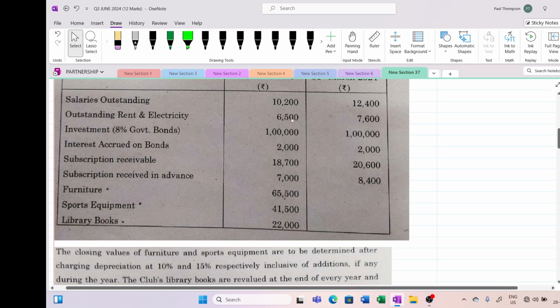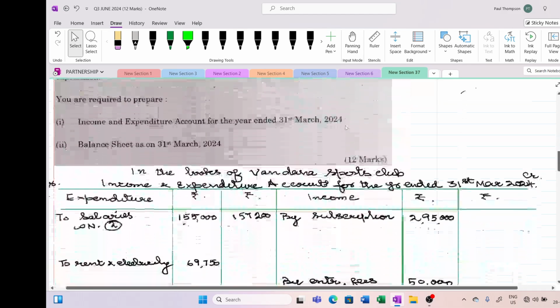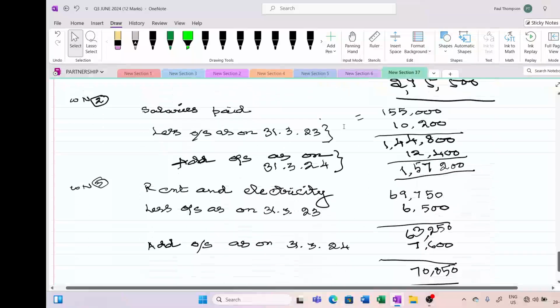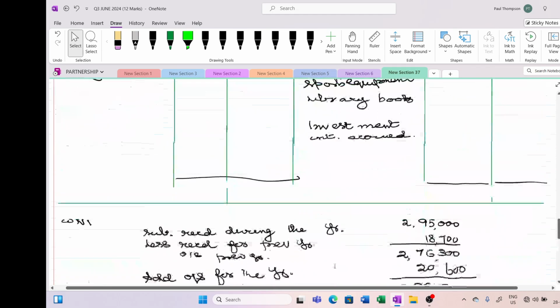So subtract this, add this. So what is the outcome? You have to show it in your working note. So in working note 3, 6,500 I have subtracted and added 7,600. So the net expenses pertaining to the current year is 70,050.